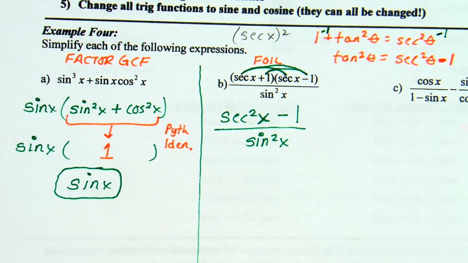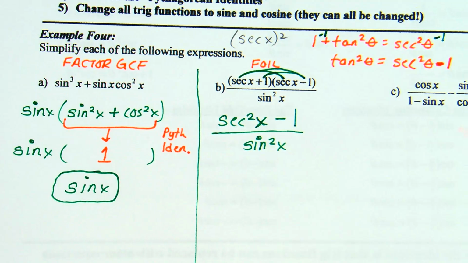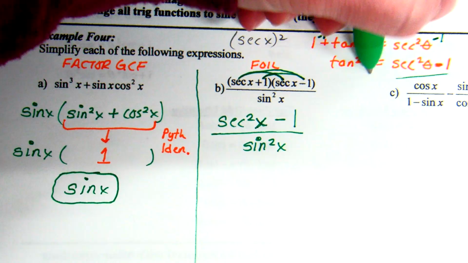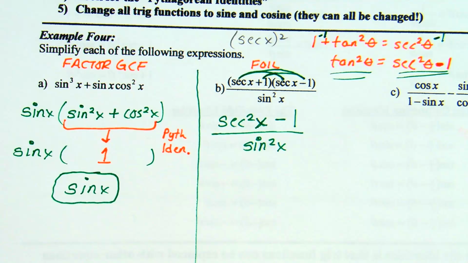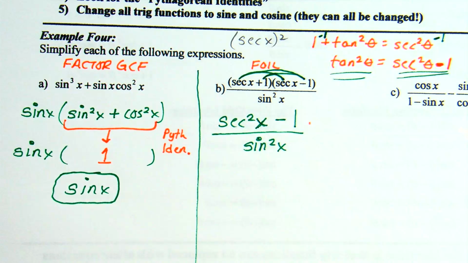Okay, so it's tangent squared theta over sine squared theta. We rearrange that. We know that tangent squared of some variable, I use theta because that was what it was in our identities, is equal to secant squared minus 1. What do I have in the numerator right here? Secant squared minus 1, yes?